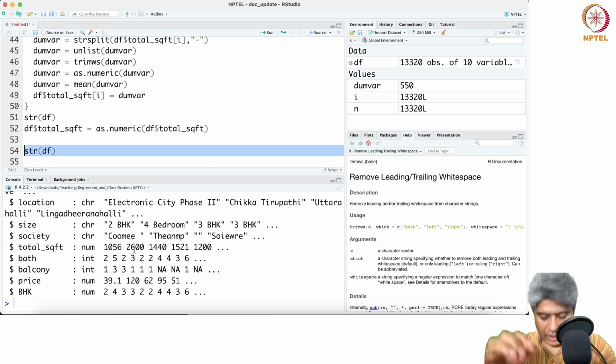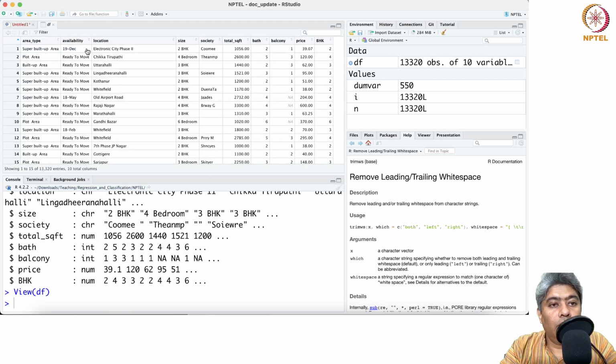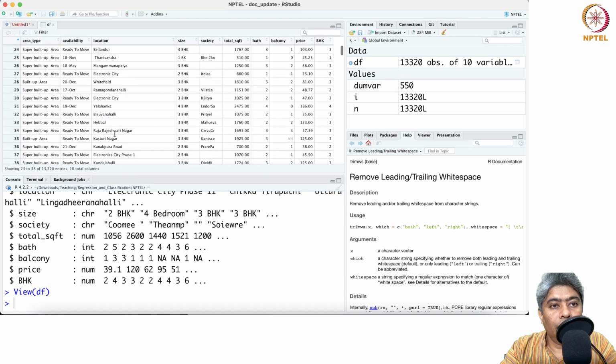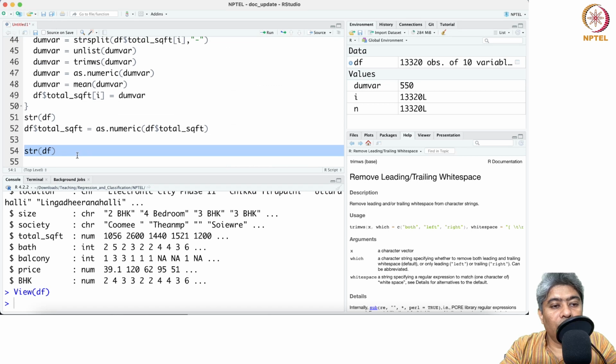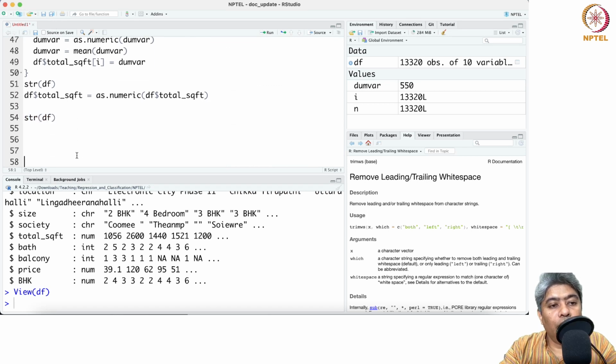Next we have to handle the location. Location is very important, because there are quite a few locations where the number of instances is very few. So how to handle it?